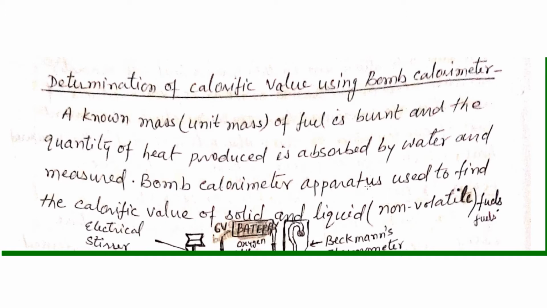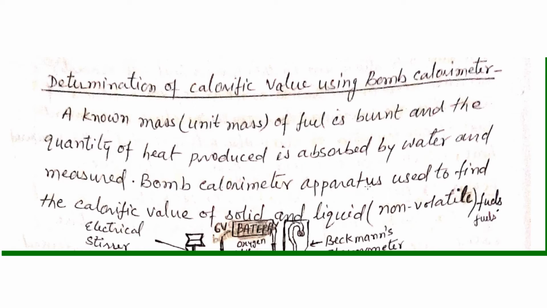As we had discussed in previous classes about calorific values, today with the help of the bomb calorimeter we can easily find out the calorific value of solid and liquid fuels.